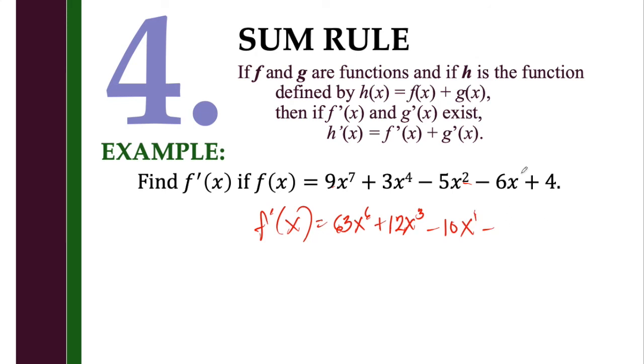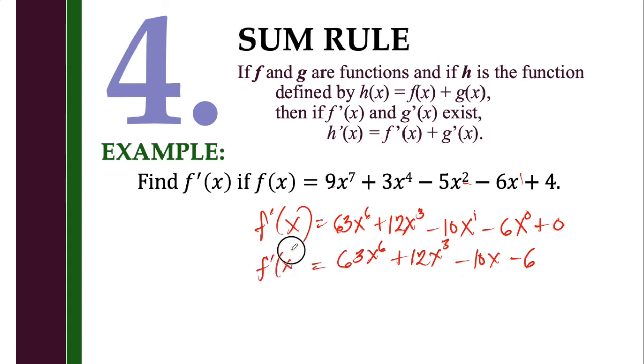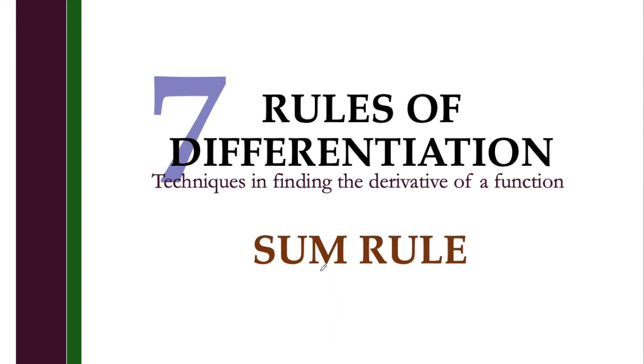Minus 6 times 1 here, so that's 6 x raised to, however, that will be x raised to 0, or a constant, plus 0. So the final answer is just 63x raised to 6, 12x cubed, minus 10x minus 6. So that's about the sum rule.